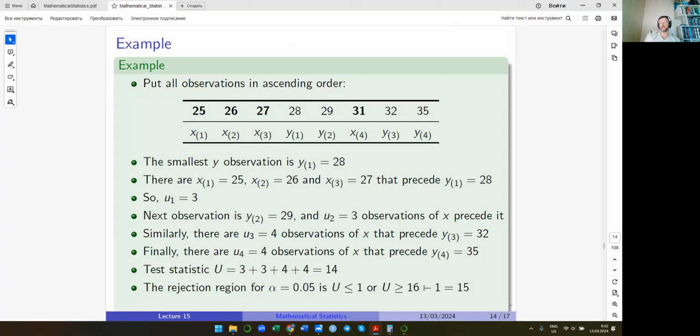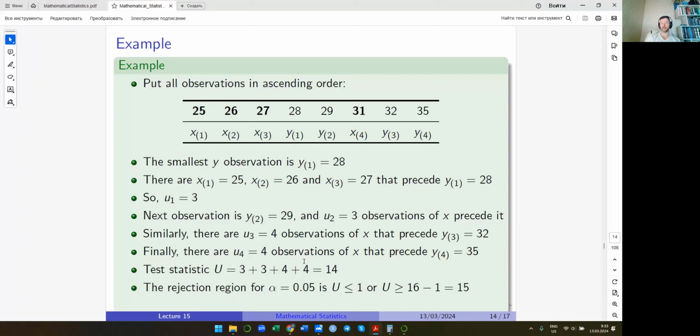So the right tail is 16 minus 1. 16 is 4 times 4, so the size of the first sample multiplied by the size of the second sample, and it is 15. So my rejection region is either U is less than or equal to 1, or U is greater than or equal to 15.